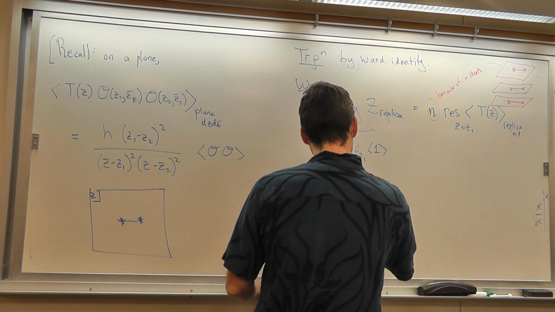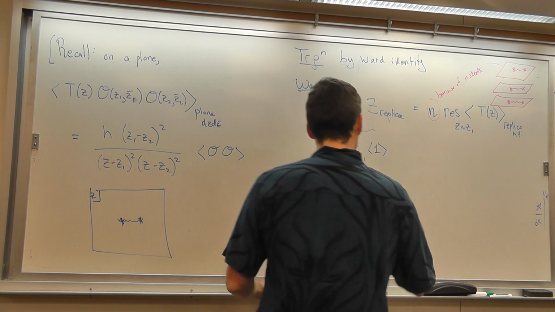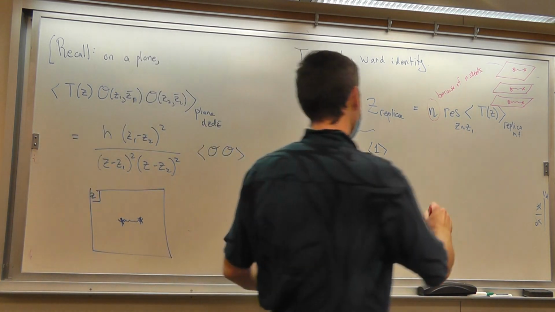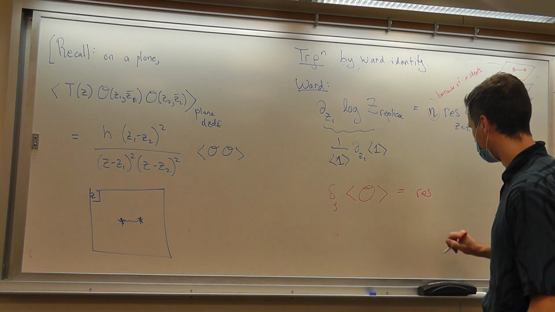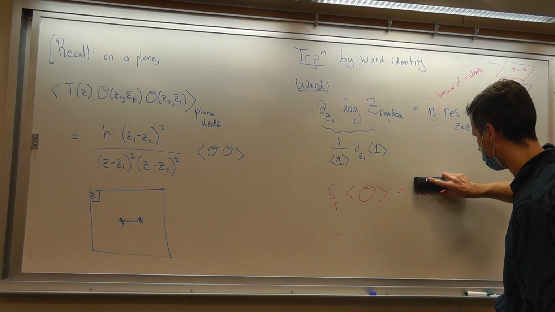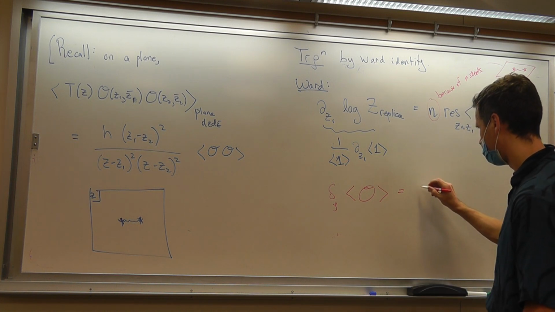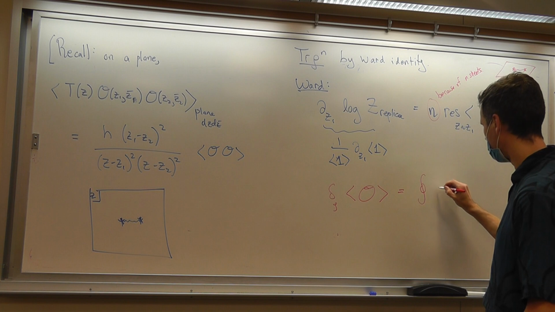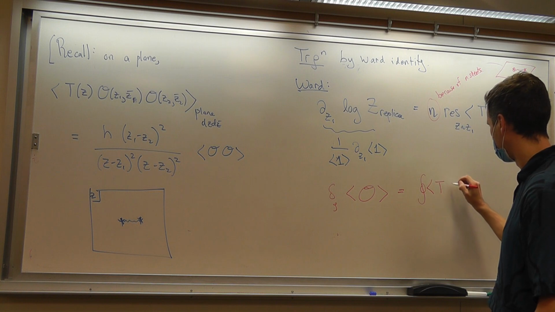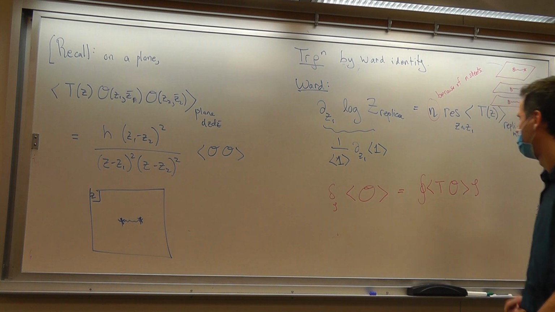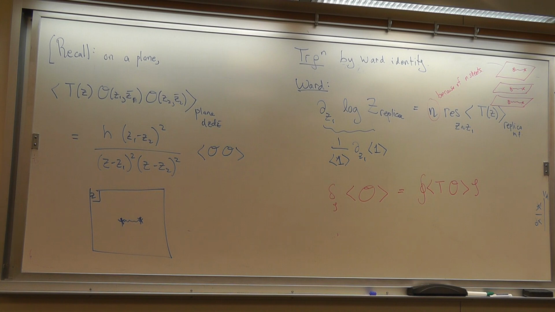The conformal transformation of some observable is equal to hitting it with the charge, which is some correlation function where you put in the current, which is T zeta.